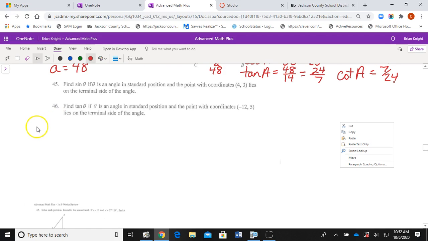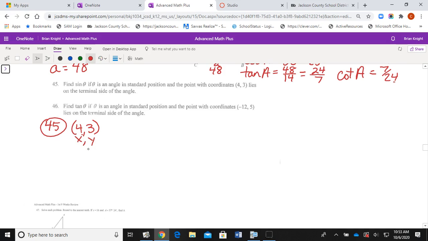45, I'm going to put down here just because I got room. All right, so 45. It gives me the coordinates, and we have to find sine of theta, just the sine. That was sweet of them. So 4 and 3 is x and y.